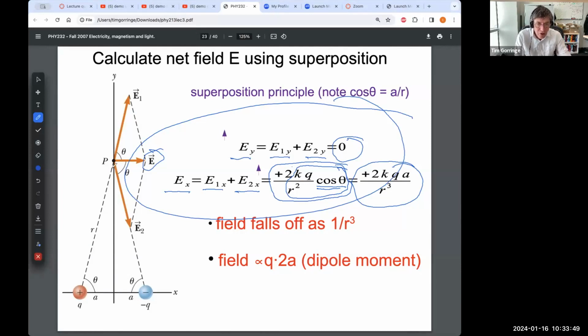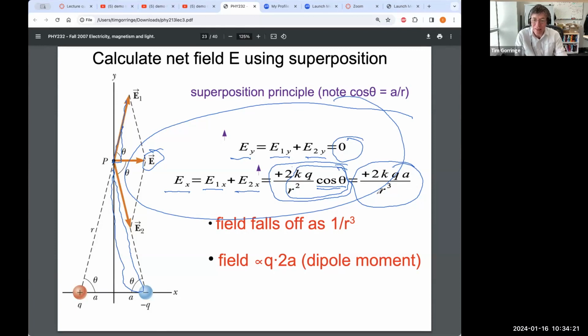Well, this triangle down here is an equivalent triangle to this triangle over here. The ratio of the hypotenuse to the adjacent of this triangle is the same as the ratio of the hypotenuse to the adjacent of this triangle. And so I've just replaced cosine theta with a over r.